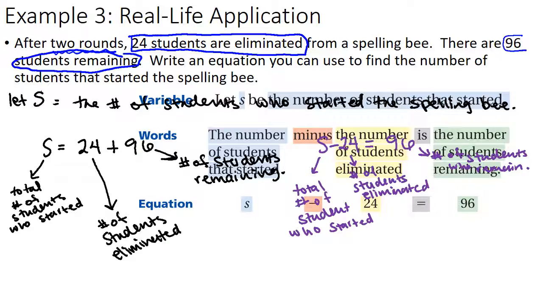Okay? And finally, the last way that we can set this up is we could say that S minus 96 is going to be equal to 24, and that's because the total number of students who started minus the students who are still in the spelling bee, so the students who remain, should be equal to the number of students eliminated.